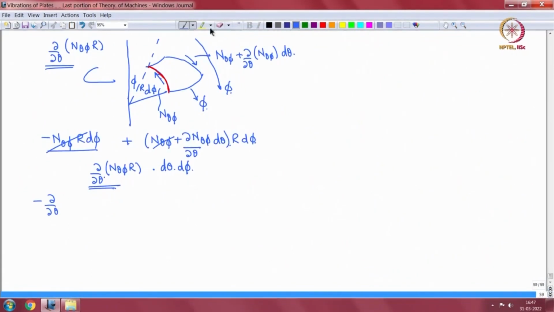Minus n theta theta del phi of r sin phi. Now let me separate it out first. So this is the earlier term.